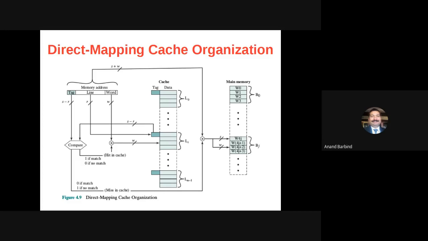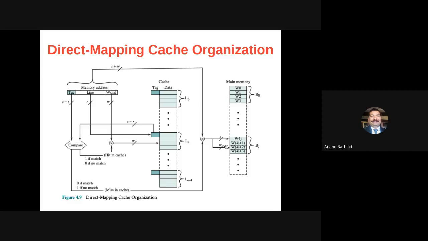That is, the block is not there, and that block is in the main memory. So the address is taken from the line address and tag address, that is s plus w, and to that the word address is added, and the word is read from there.